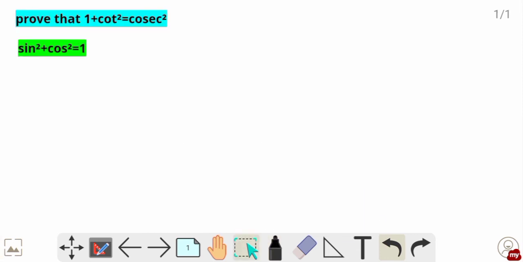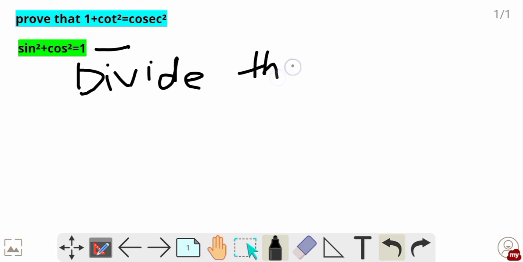So now we have to prove that 1 plus cot square is equal to cosecant square, and we know that sin square plus cos square is equal to 1. So divide this equation by sin square. So divide this by sin square theta.